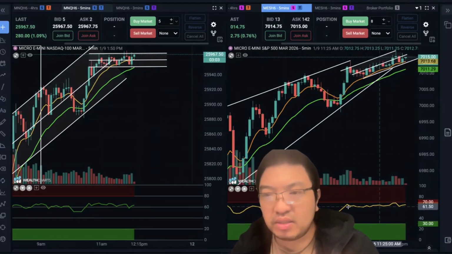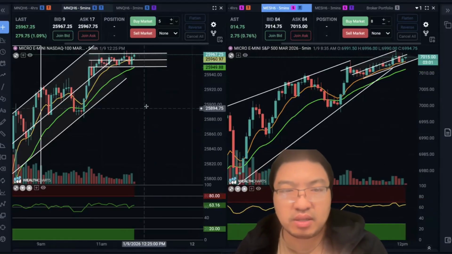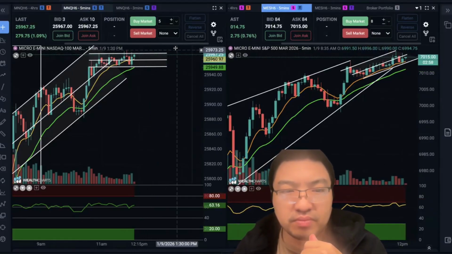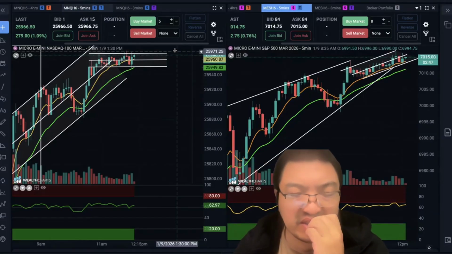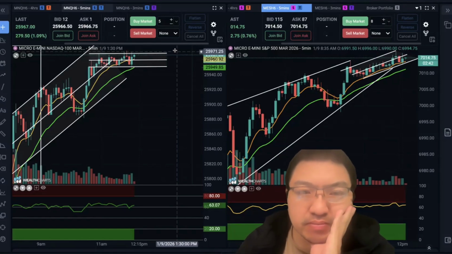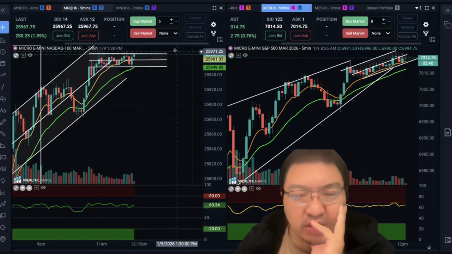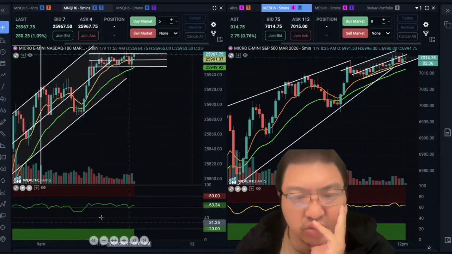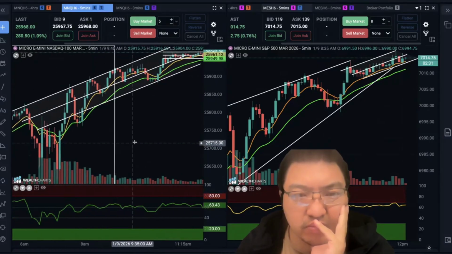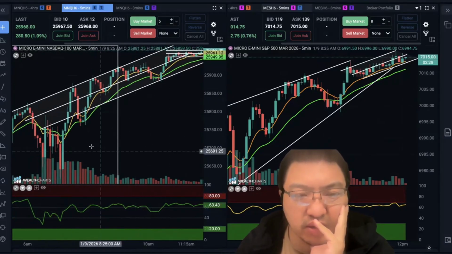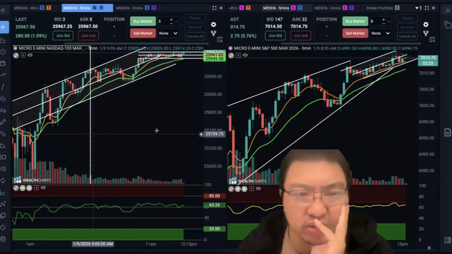And continue like RSI divergence. RSI divergence. Even RSI divergence, as long as it does not show some downward, then it's not easy to get in. Yeah, price keeps rising up and it does not show any divergence.